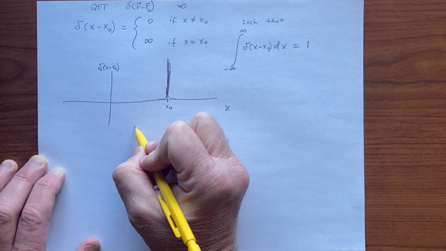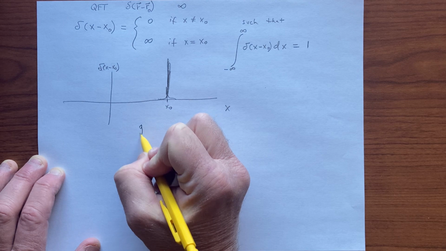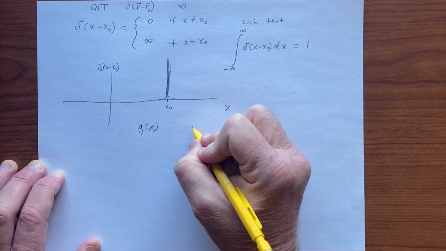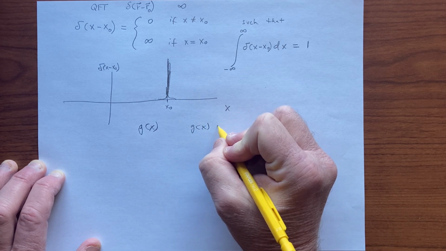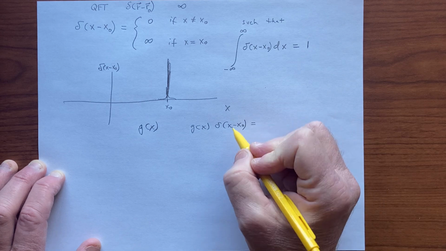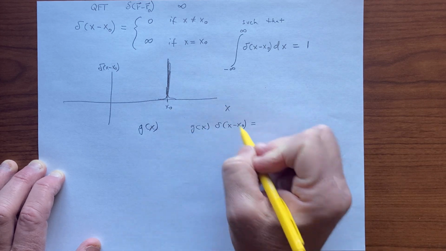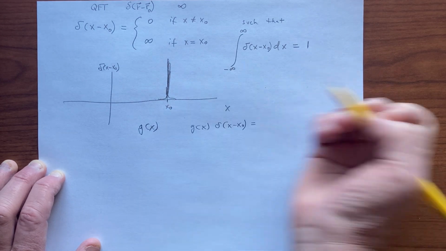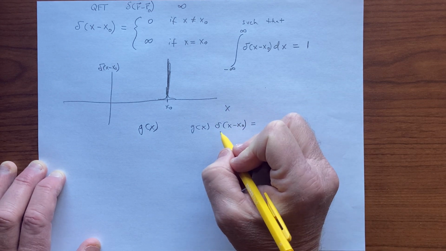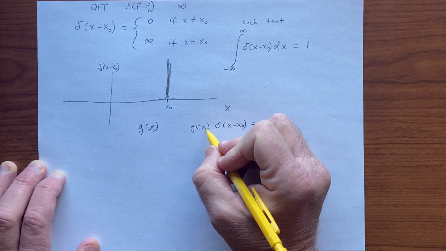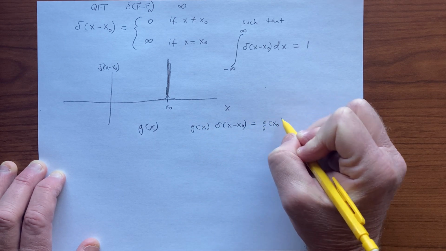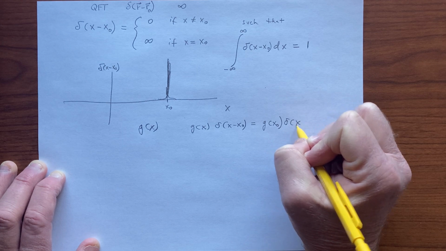Okay, and so for continuous functions, let's say g of x, then if we do g of x times the delta function, this is 0 everywhere except at x naught, so this could be interesting only at the value x naught, and therefore it suggests that we should be thinking of x naught here, and so this is just g of x naught times delta of x minus x naught.